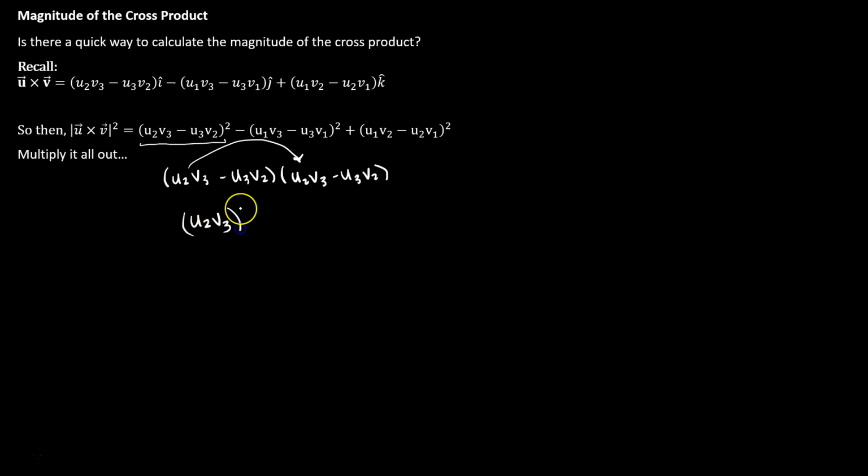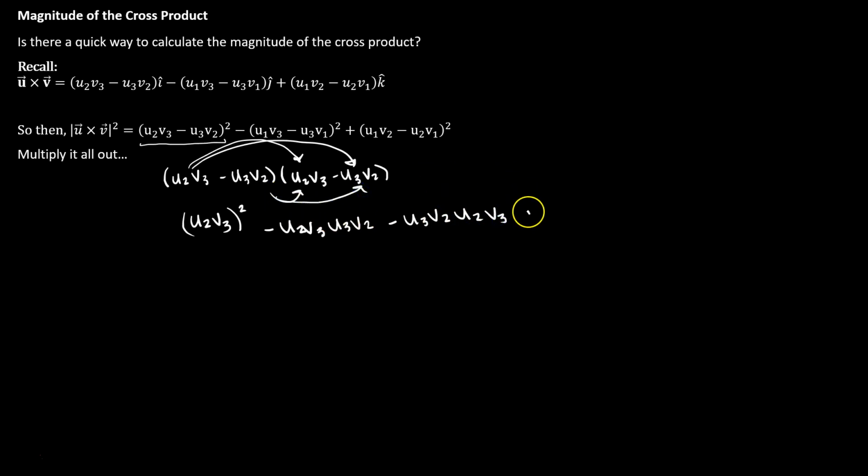That would look like u2 times v3 squared. Then we'd multiply the second group. That would look like minus u2 v3 v2. Then we'd multiply our insides. That would be minus u3 v2 u2 v3, and then our last terms.